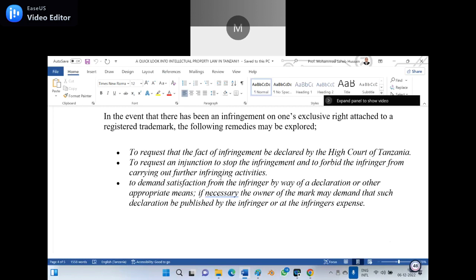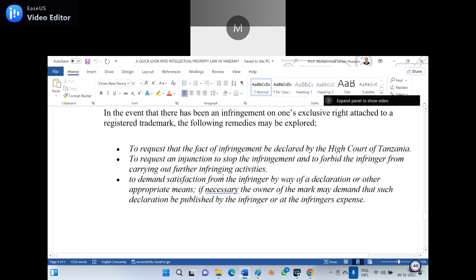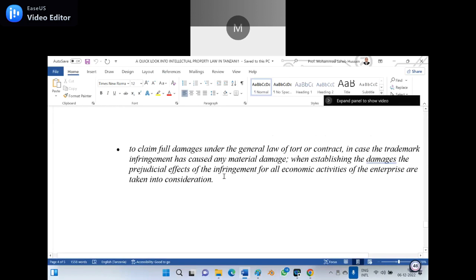The third bullet says the demand for satisfaction from the infringer by way of declaration or other appropriate means. If necessary, the owner of the mark may demand that such declaration be published by the infringer at the infringer's expense, if there has been any encroachment.